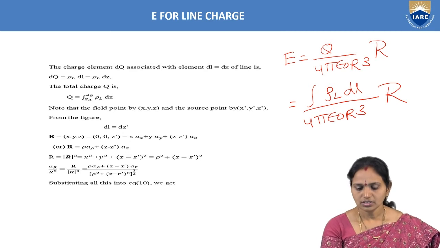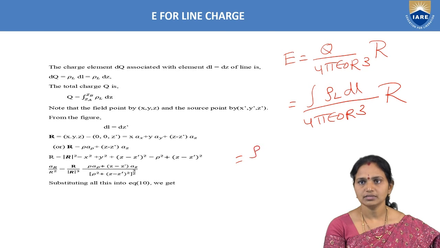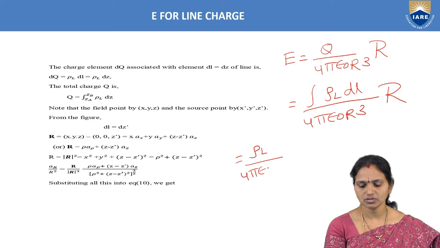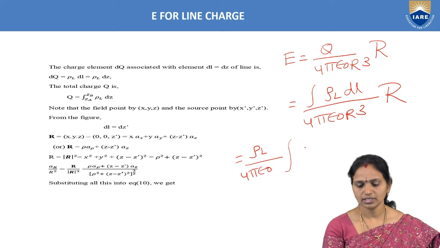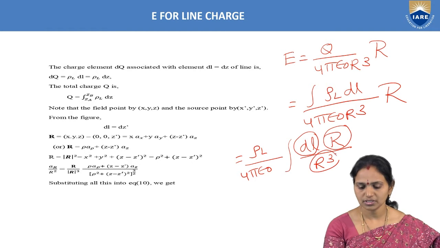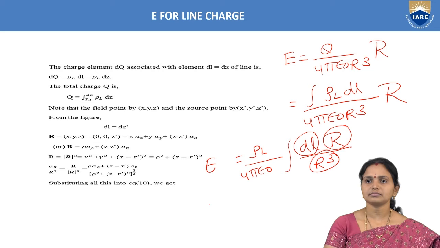In this equation, rho L is a constant term, so we can take it out of the integration, and 4 pi epsilon naught is also constant. Then we have to integrate with reference to L, dl into r by r cube. By calculating these three terms and substituting them here, we can get the field E.